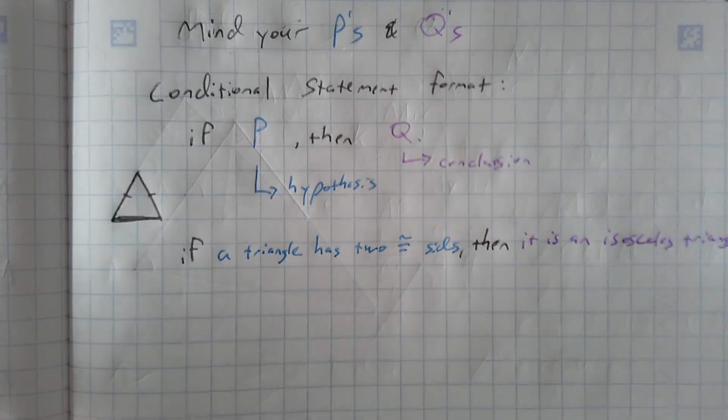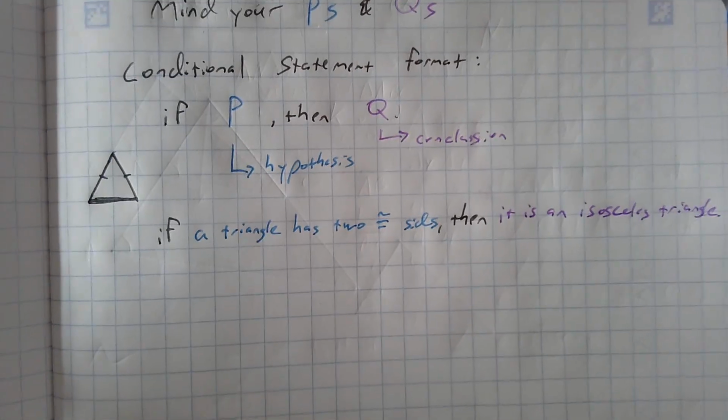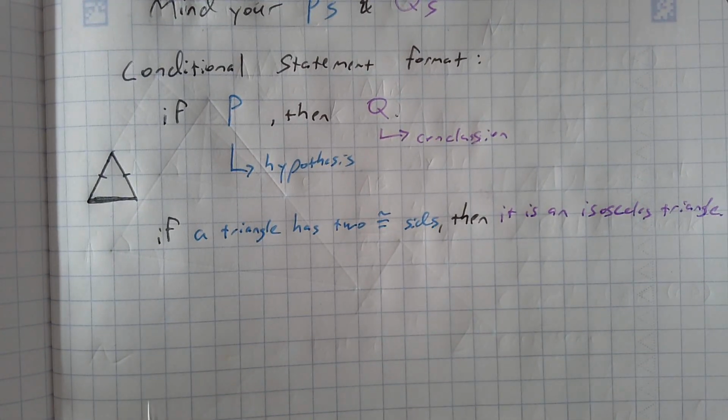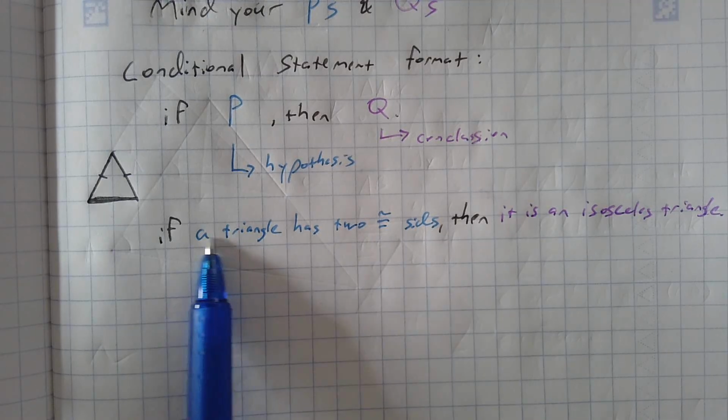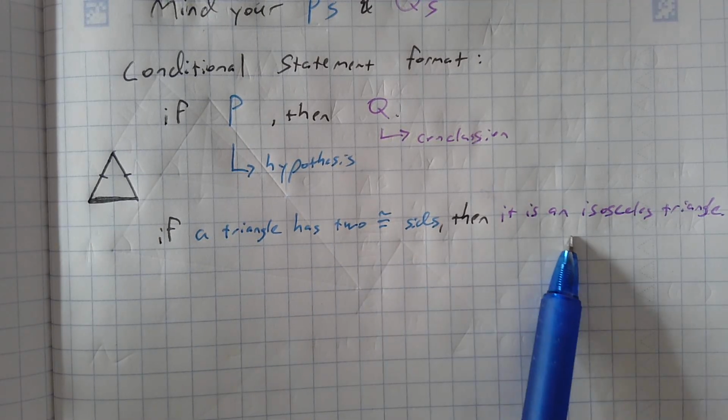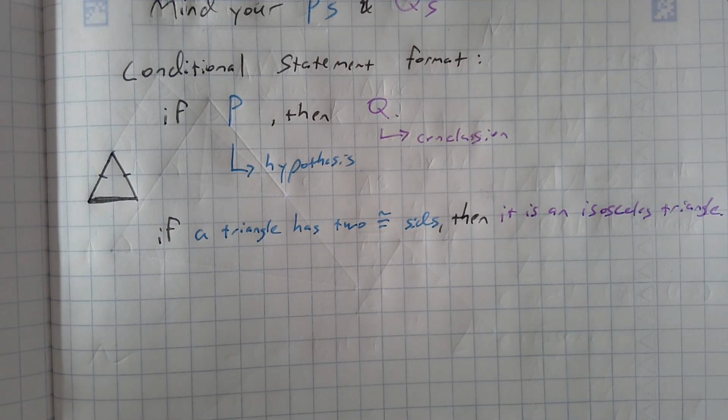Okay, so that is my conditional statement that includes my hypothesis. If a triangle has two congruent sides, then it is an isosceles triangle.